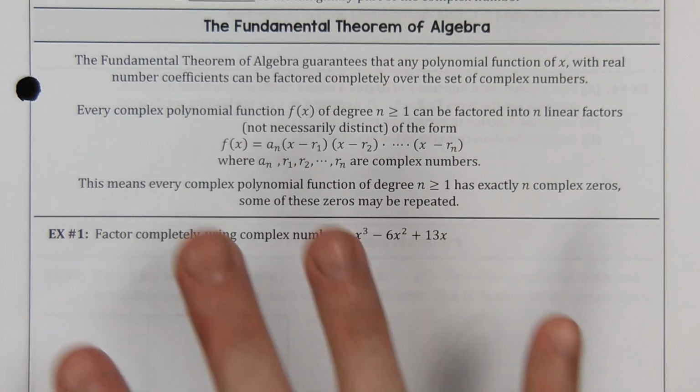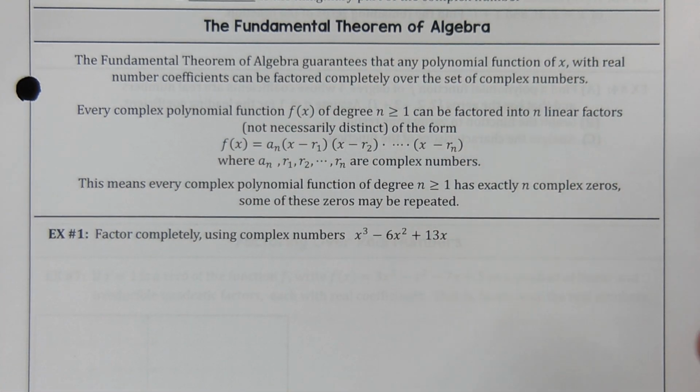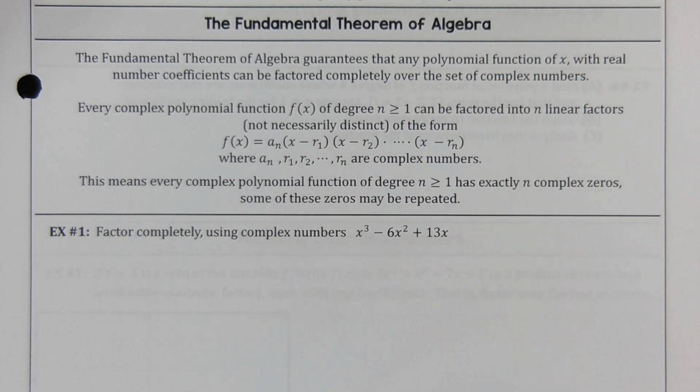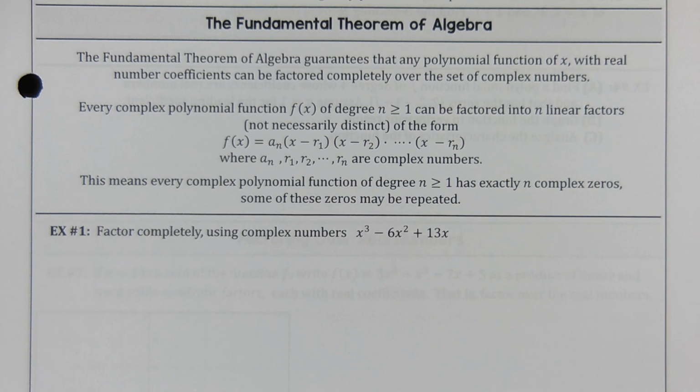This is a lot of fancy talk for basically saying the degree of a polynomial is the number of complex zeros that polynomial has. So if your polynomial has 5 complex zeros, because it's a degree 5 polynomial, the fundamental theorem of algebra says I could factor it into 5 factors.